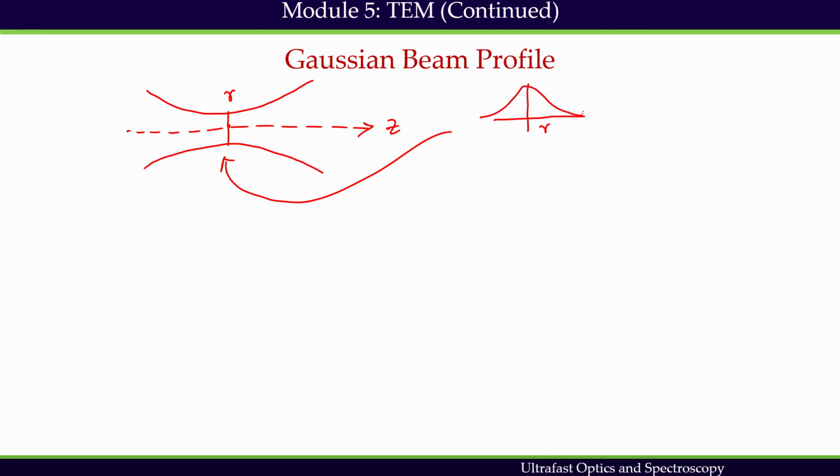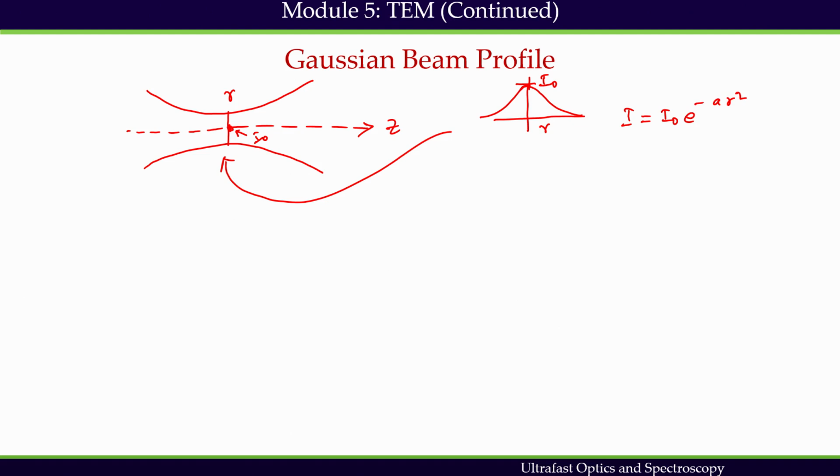This cross-sectional area is following a Gaussian intensity profile, a spatial profile. I naught is the maximum intensity. The intensity at this point is I naught. So one can express this cross-sectional profile as I naught e to the power minus a r square.